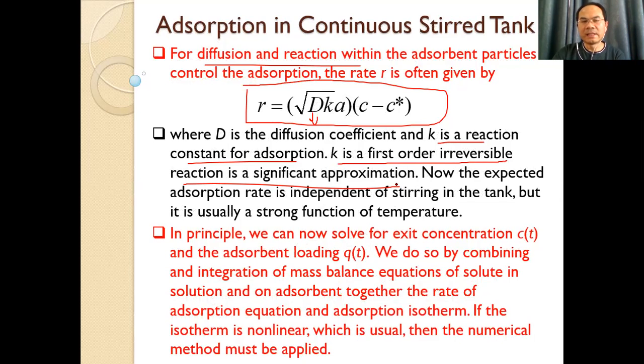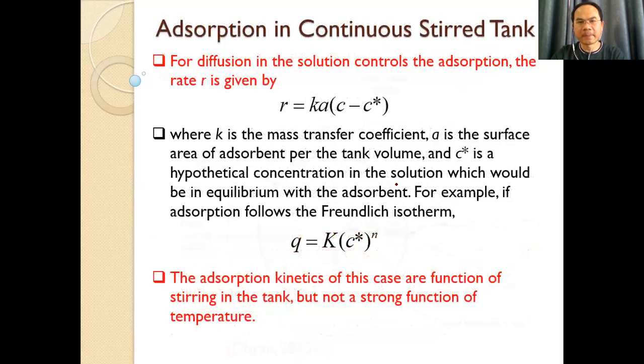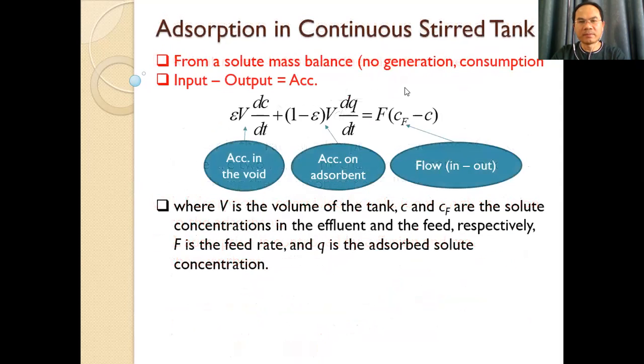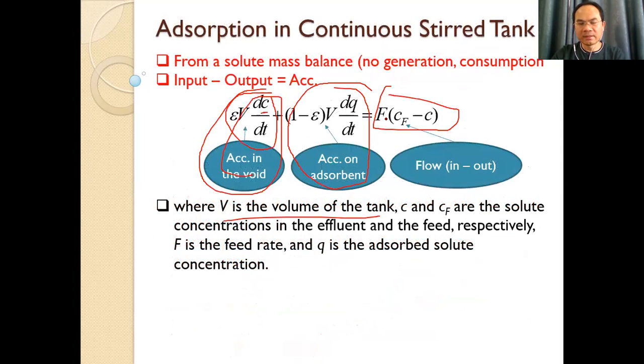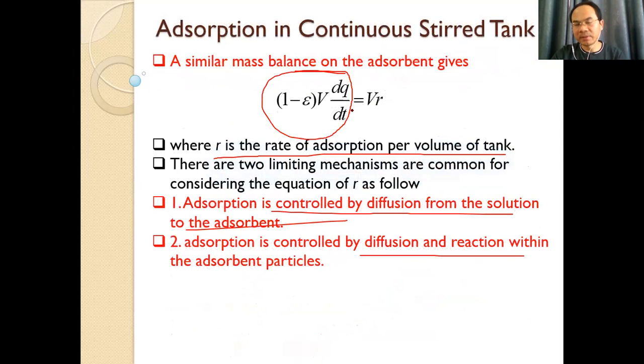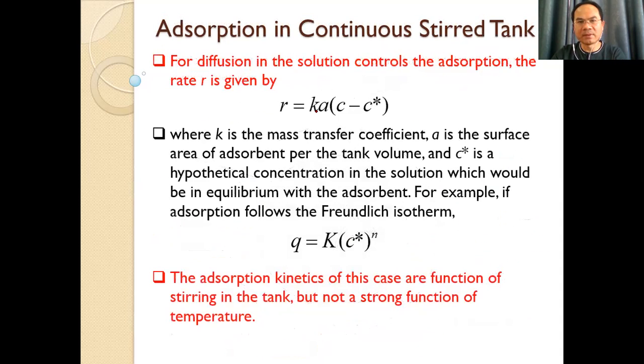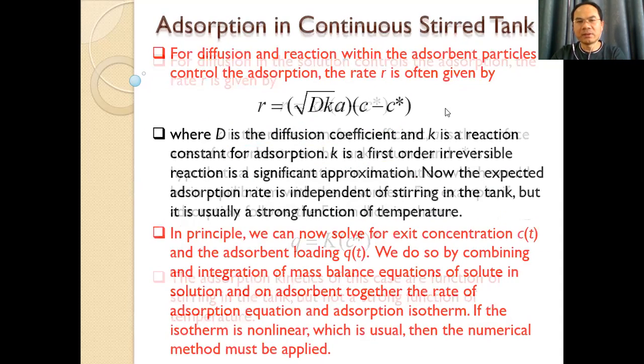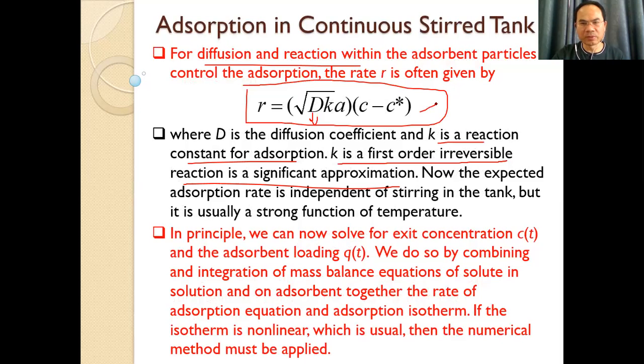In principle, we can now solve for the exit concentration and the adsorbent loading Q by combining the integration of the mass balance of these two equations, but these two are a function of the rate of adsorption. You have to combine with diffusion control or diffusion and reaction control.